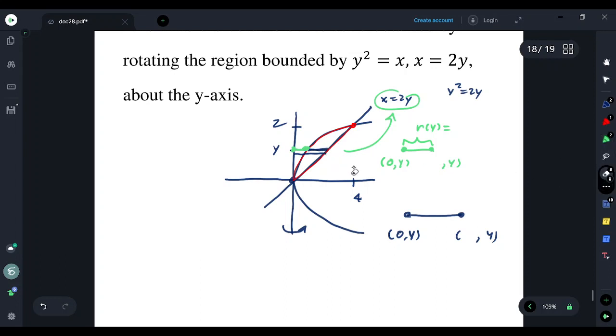So x equal to y squared, so the small r(y) is y squared minus 0, which is y squared. Now the right endpoint is on the line, 2y, so the larger radius R(y) is 2y minus 0, which is 2y.